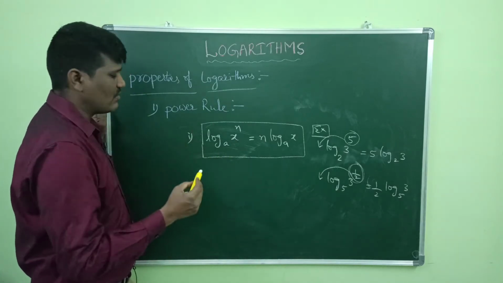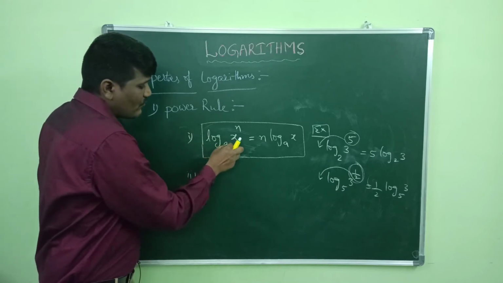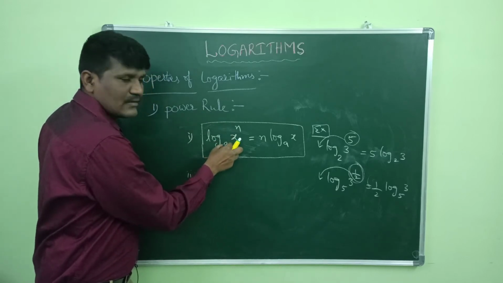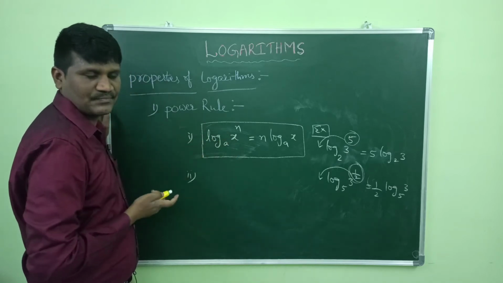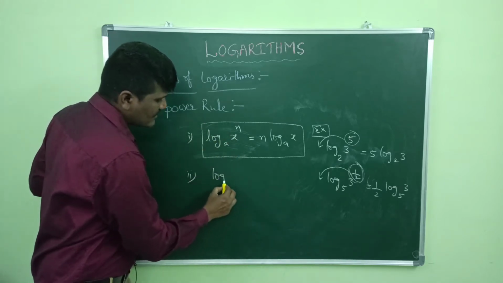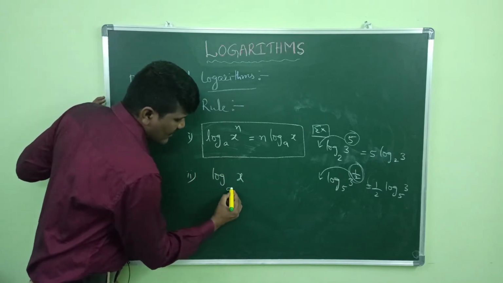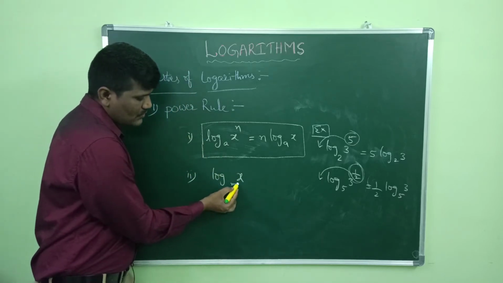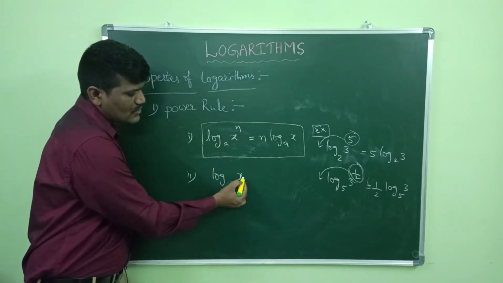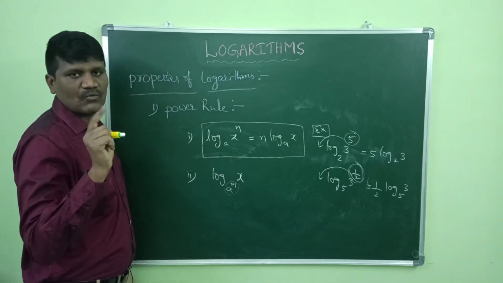Now the second formula I can write in the power rule. If the power is in the base, what do we write? Suppose log x only, but with a power m on the base: log x to the base a power m. The power is in the base now.